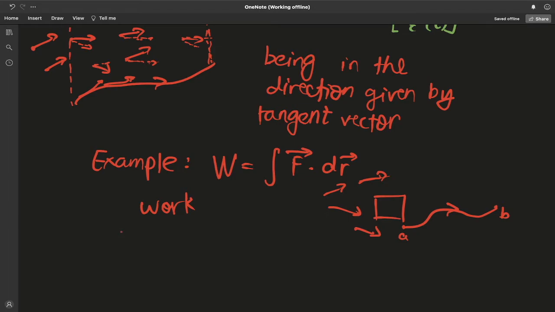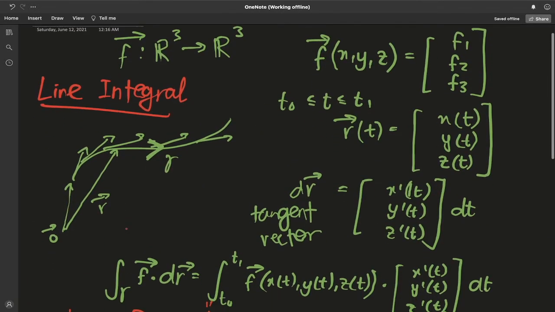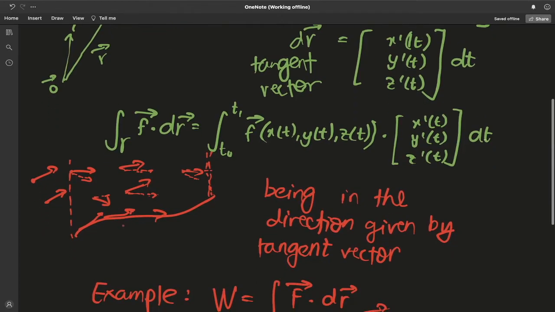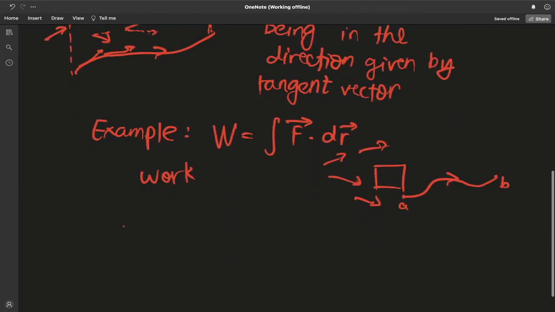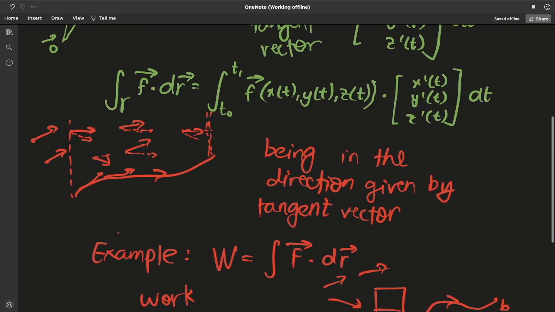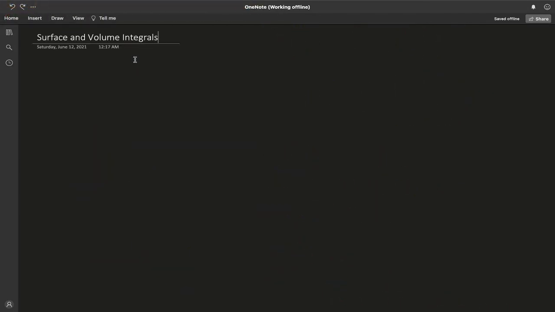Okay, so this was line integrals. We integrated along a line or whatever. Now let's look at surface integrals, when we actually integrate over a surface. Okay, see you on a fresh page. Okay, so now let's take some surface. Again, I'm making it weird because I want to make this idea as general as possible.